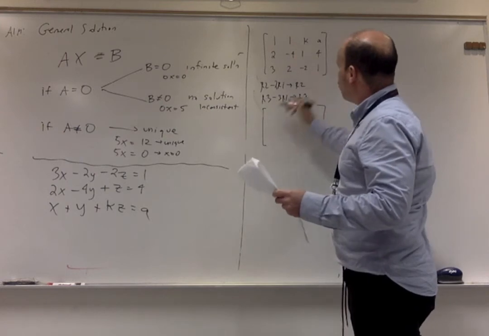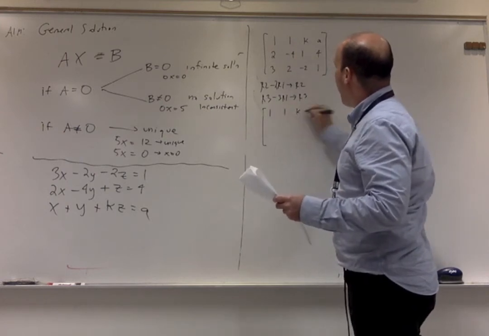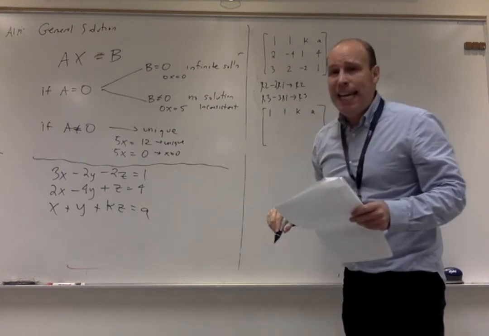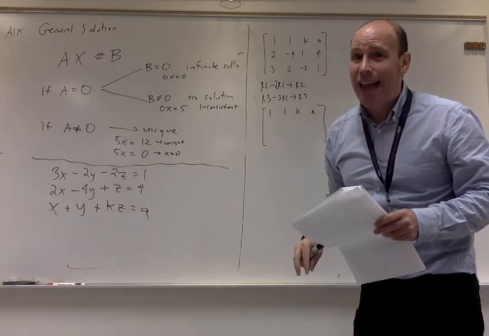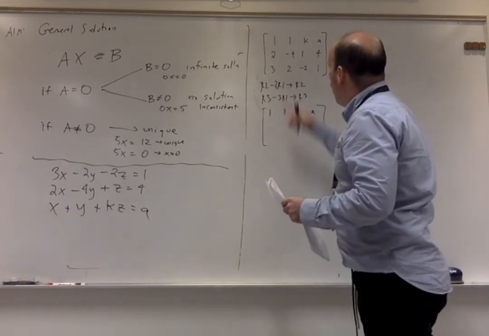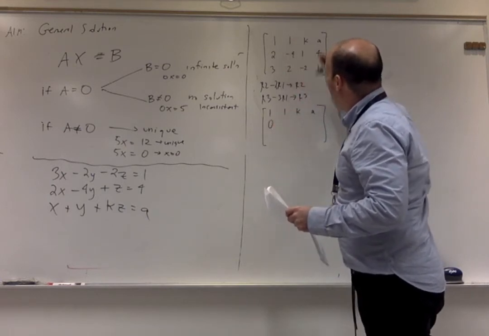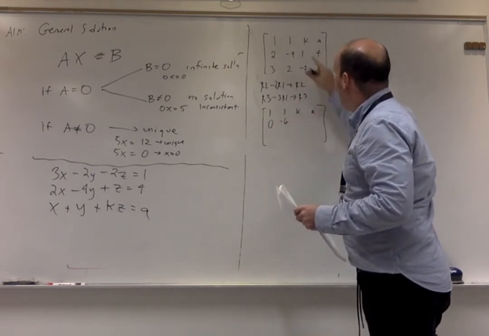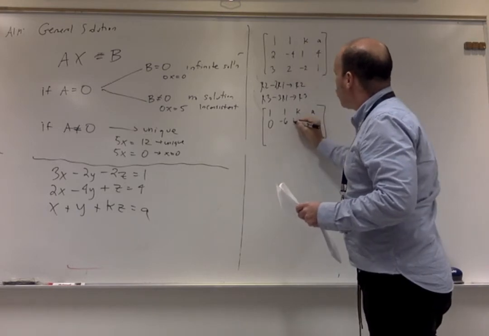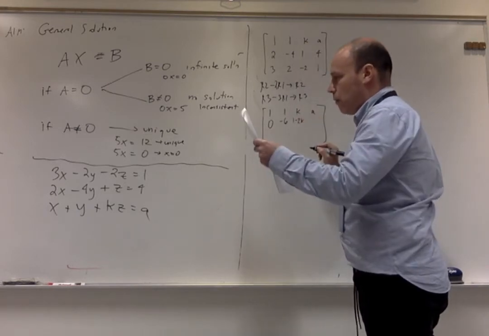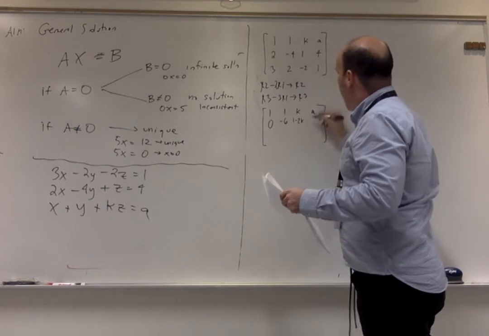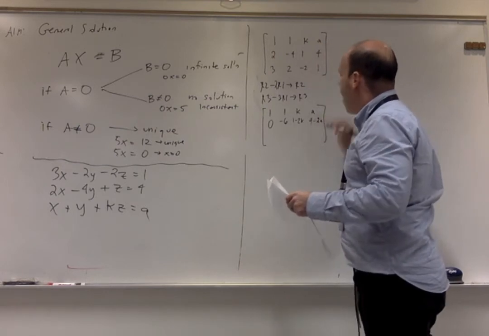I don't touch the first row: 1, 1, K, A. You're in a higher level math because you're good at this stuff. Ready? 2 minus 2 is 0. -4 minus 2 is -6. 1 minus 2K is 1 minus 2K. 4 minus 2A is 4 minus 2A.